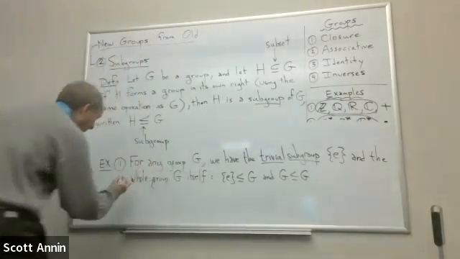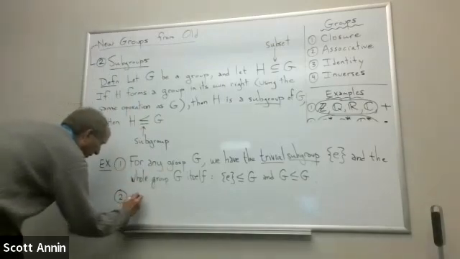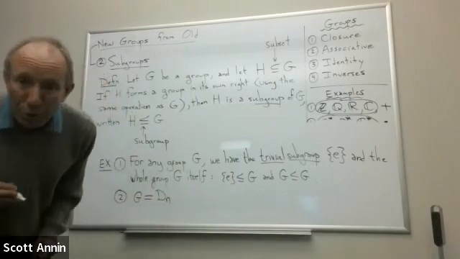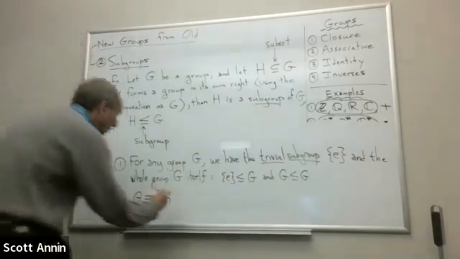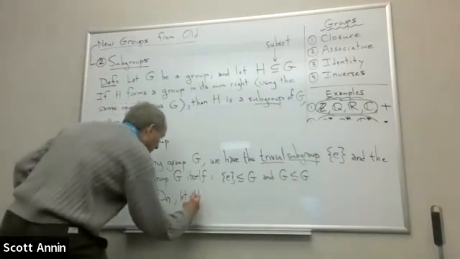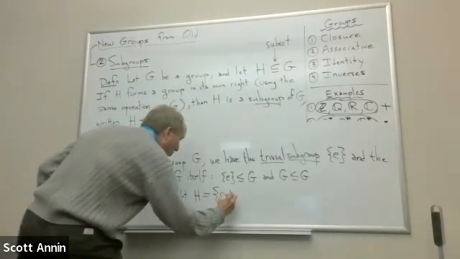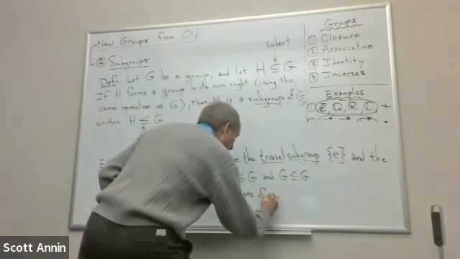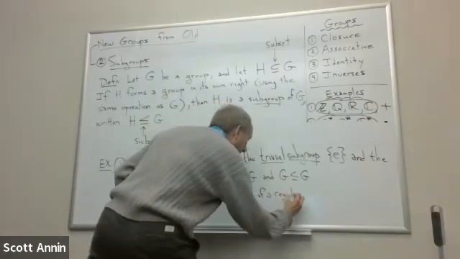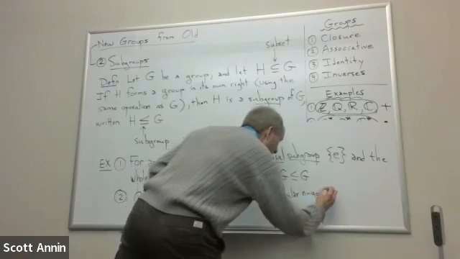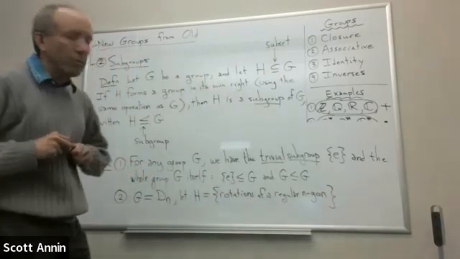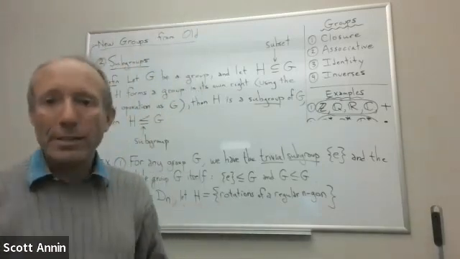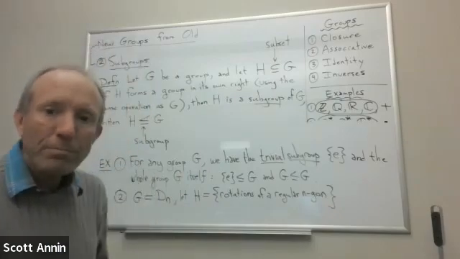Let's do a slightly more interesting example. Let's take G to be Dn. Remember, this is the dihedral group on a regular n-gon. And let's let H be the set of rotations only, the set of rotations of a regular n-gon, again with the same composition of operations that Dn is a group with.